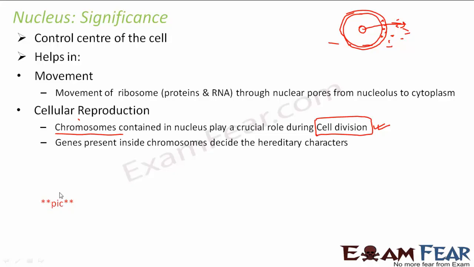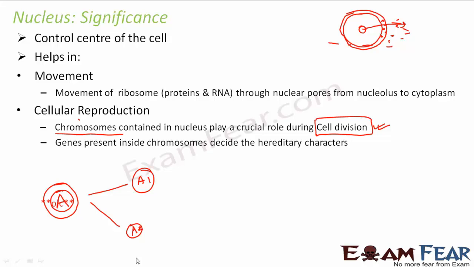Cell division means that, let us suppose you have one cell A. This cell can divide to form two cells, A1 and A2. Again, each of these cells can divide to form more cells. Now it is not as simple as it looks. There are many different ways in which cells actually divide. In this cell division, chromosomes play a very crucial role.